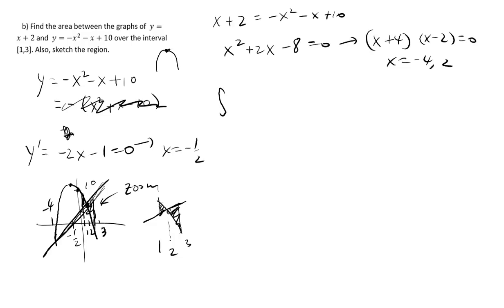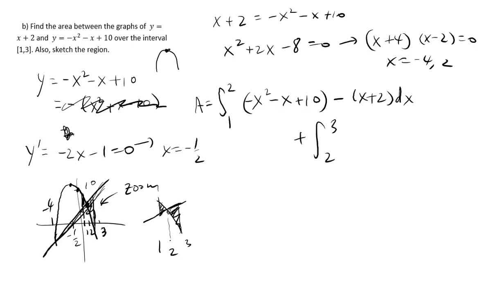So when you do the area, from 1 to 2, you should be doing negative x squared minus x plus 10 minus the line x plus 2. Whereas from 2 to 3, now the line is above the parabola, so this time you have to do x plus 2 minus negative x squared minus x plus 10, because you have to do top minus bottom.